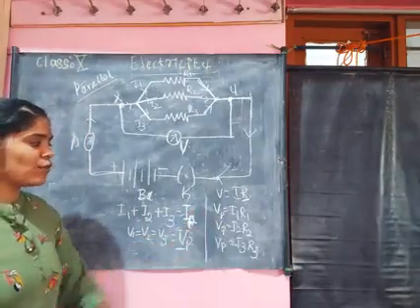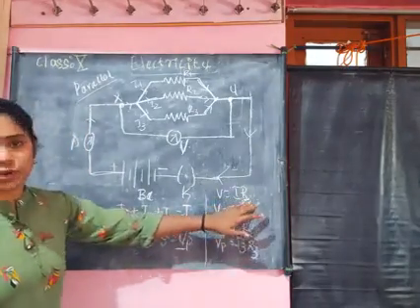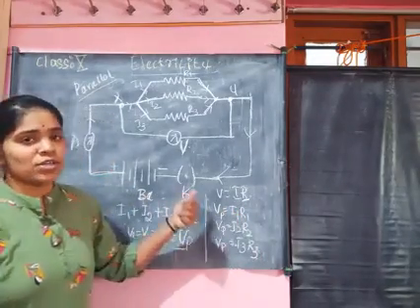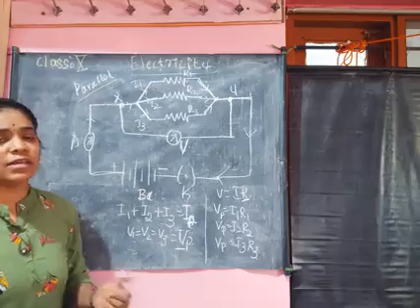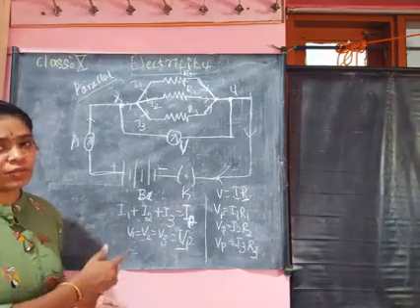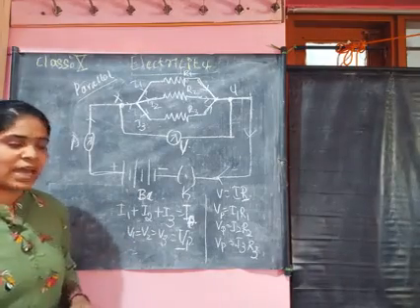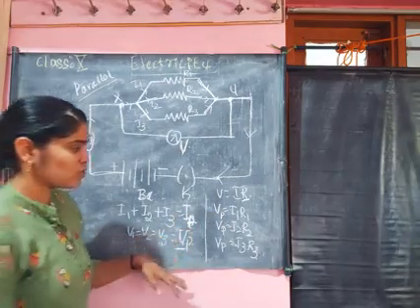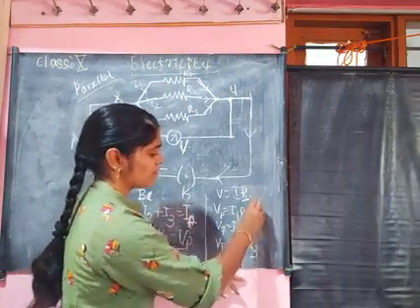So from Ohm's law we have V equals I into R, that we take as VP equals I1 into R1. In this we are going to calculate the resistance value. For that we will take the I for this side. So what we will do? 1 by R1.